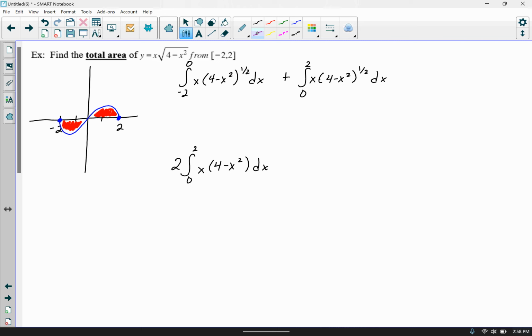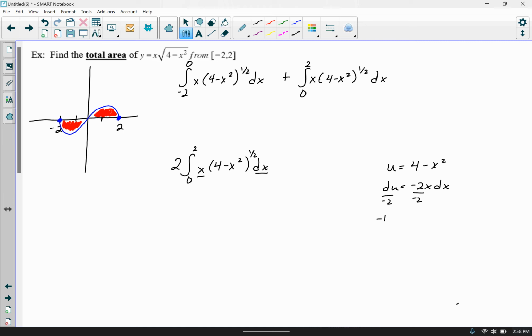From here, we need a u substitution. We let u equal the function within a function, so my 4 minus x squared. Take the derivative, I get negative 2x dx. I needed an x dx, and I created a negative 2, so just divide both sides by negative 2.